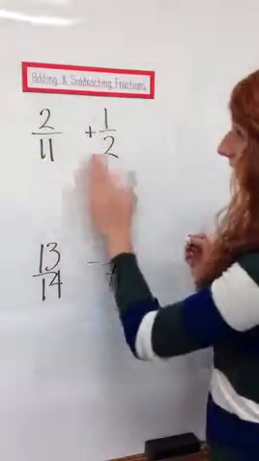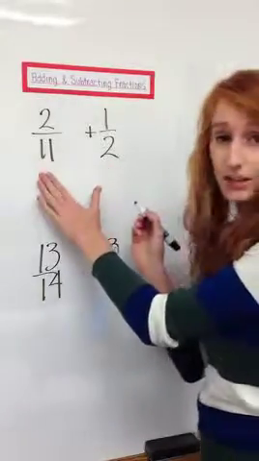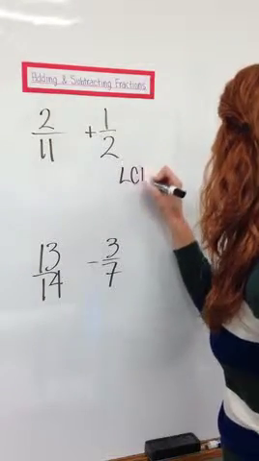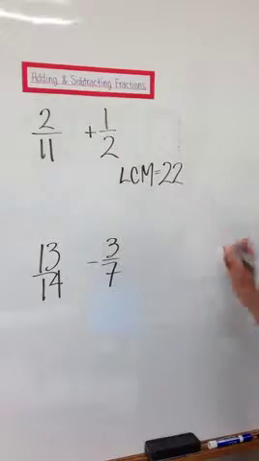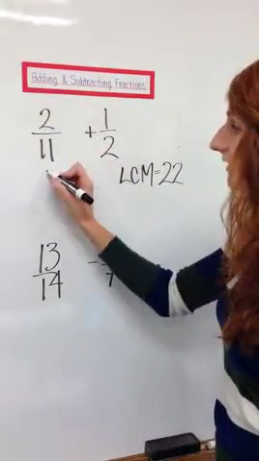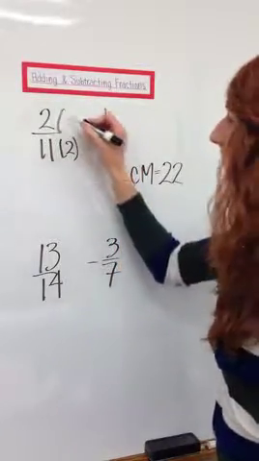Okay, so we have two fractions we're adding. They don't have the same denominator. We got to find the least common multiple. Our least common multiple in this case is going to equal 22. So we're going to use multiplication. So the 11 we'll have to multiply by 2, but we have to do the same thing to the top that we do to the bottom.